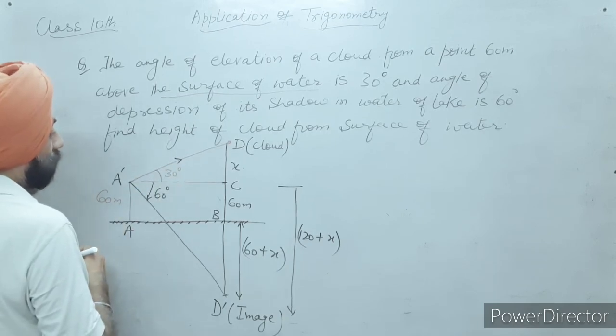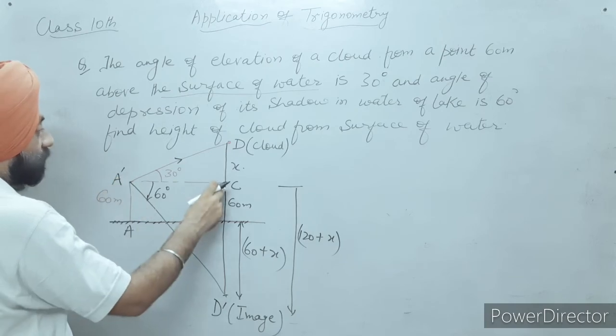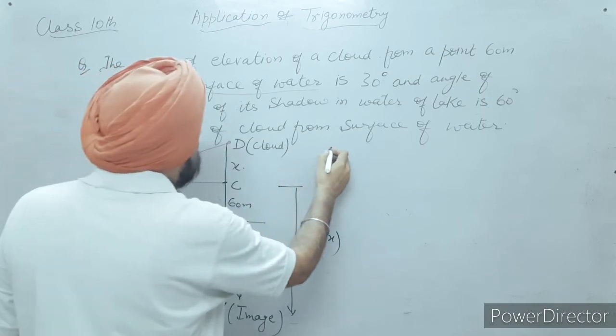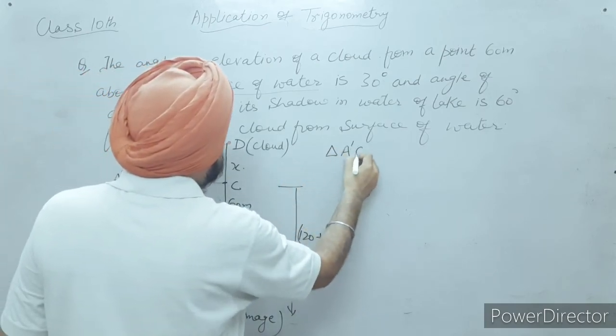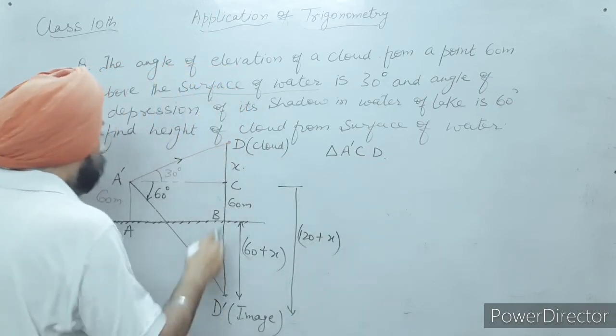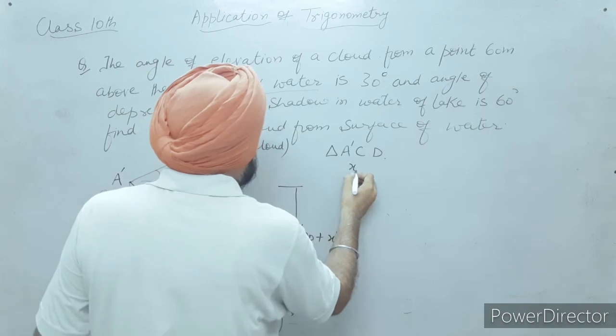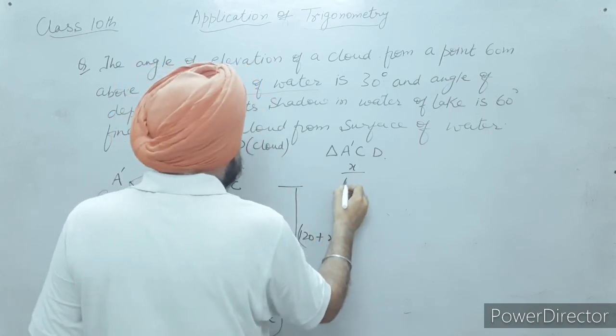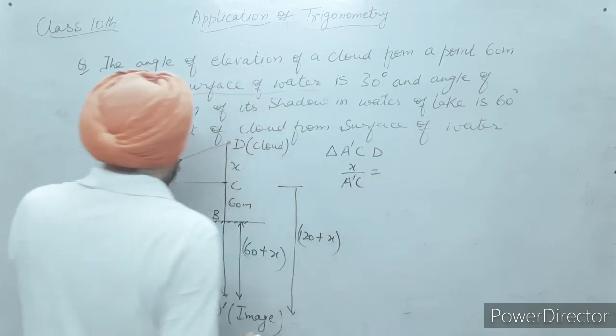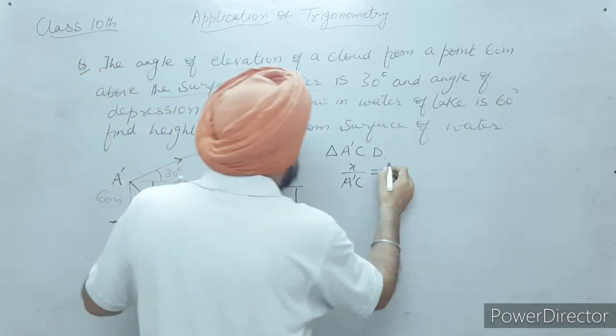Now, let me take this triangle A dash C D. Perpendicular upon base. Base is A dash C. It is tan of 30 degree.